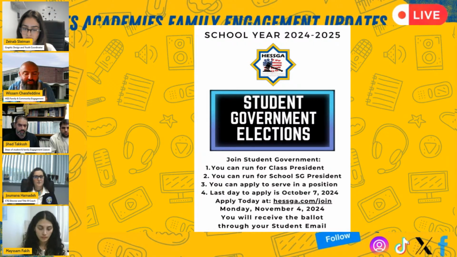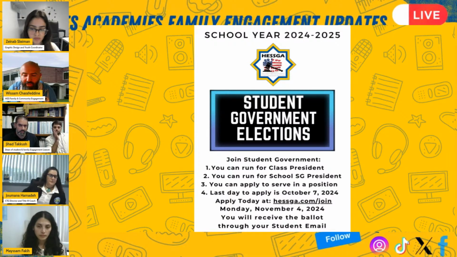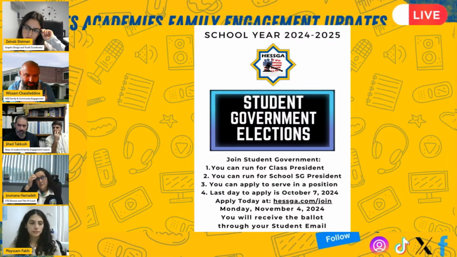By October 7th, they should already have their application completed. If they apply after October 7th, they can be a member of student government, but they cannot run for office, because the ballots will probably already be organized by that time, and the campaigns of those who are running will initiate for the rest of October.